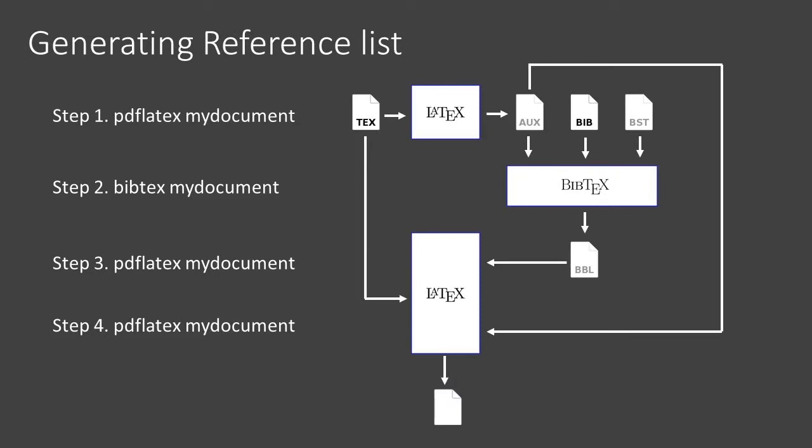This is a graphical description of bibliography generation using the BibTeX system. BibTeX reference list generation is a 4-step process. We will be using BibTeX with PDFLaTeX in this example. Step 1 is to compile the document.